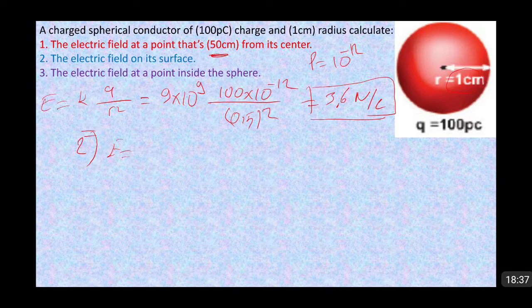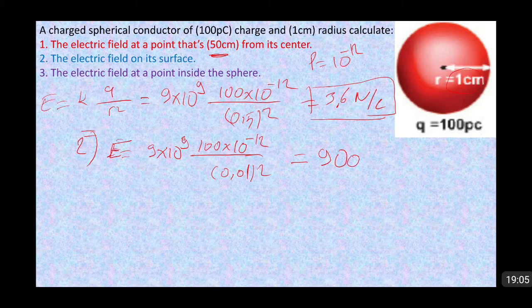E equals 9 multiplied by 10 power 9 multiplied by the charge, which is the same, 100 multiplied by 10 power negative 12, over R squared, R meaning 0.01 squared, equals 9,000 Newton over Coulomb.